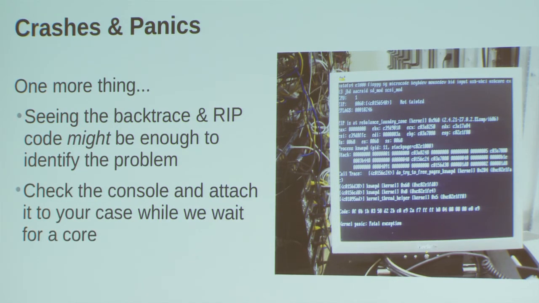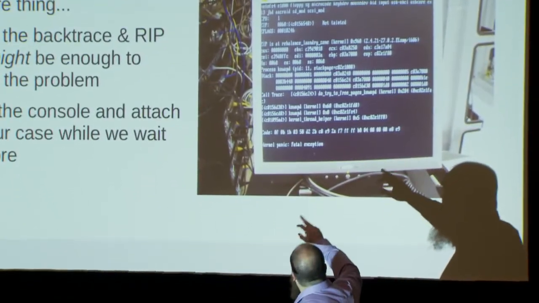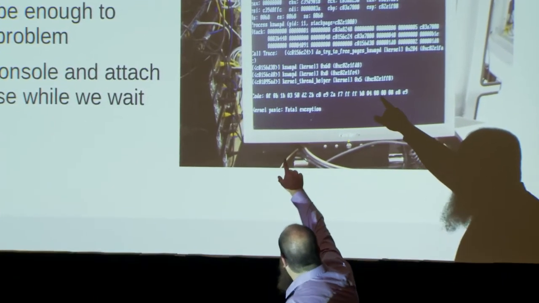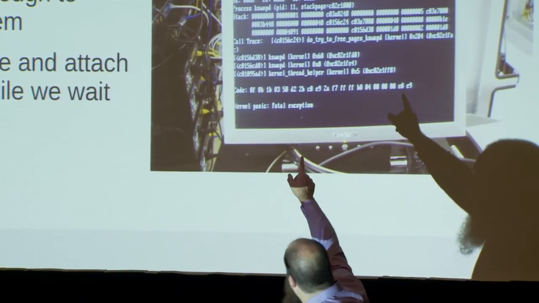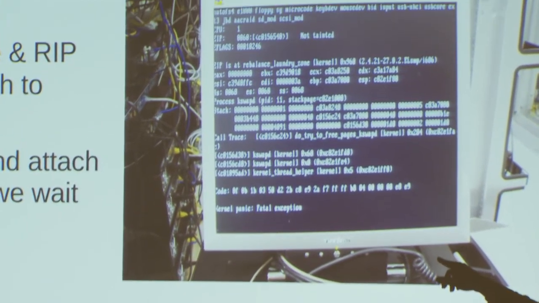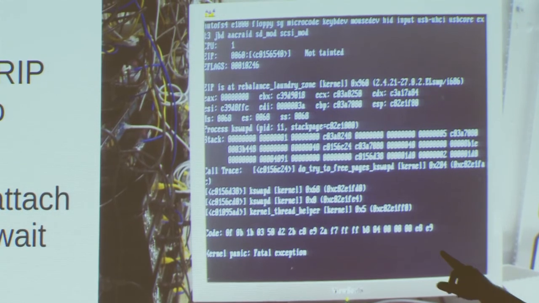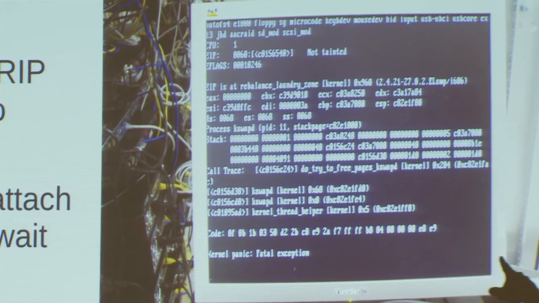So if you wanted to search, is there a good line to search on? Yeah, the RIP line up top is the big one. The last call trace is always interesting.